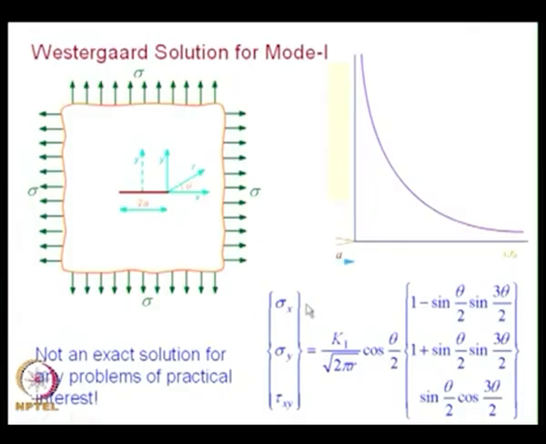In the near vicinity, how near, that is problem dependent. We are not qualifying what is the value of that distance, that is problem dependent. People have found out that singularity dominated zone size varies from problem to problem. In that zone, this solution is reasonably accurate.